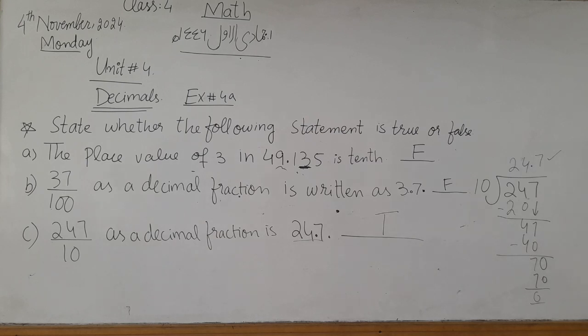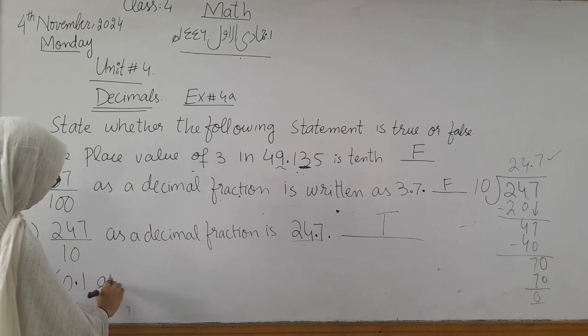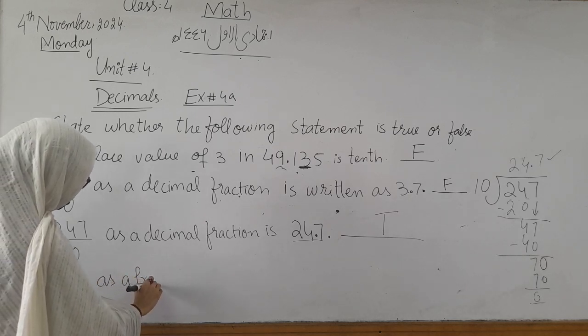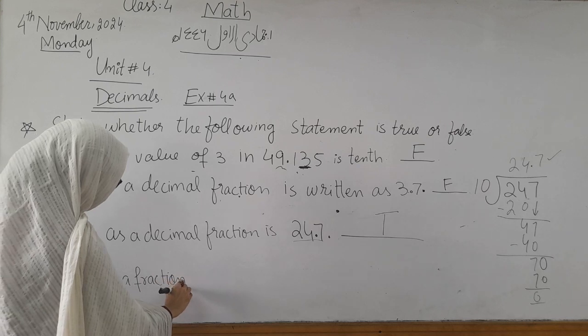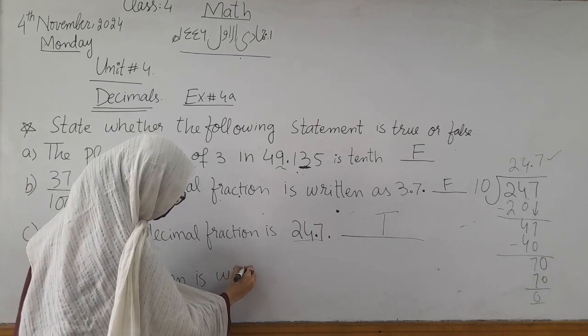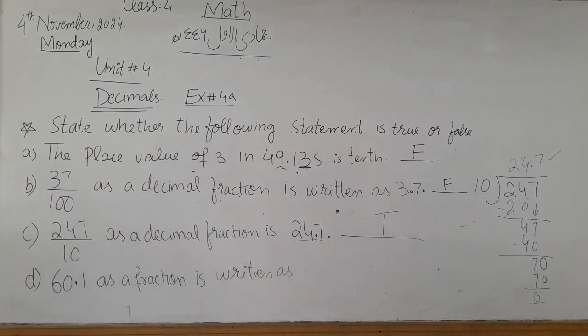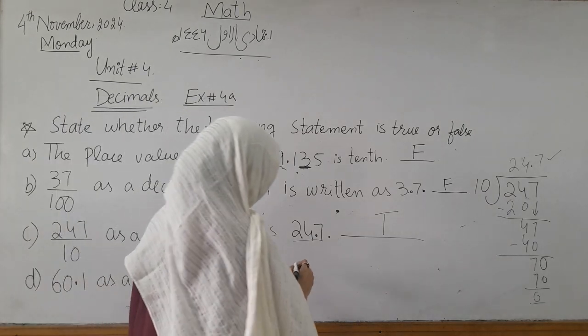After this we have D part, and in D part you can see that 60.1 as a fraction is written as 60 whole number 1 by 1000.